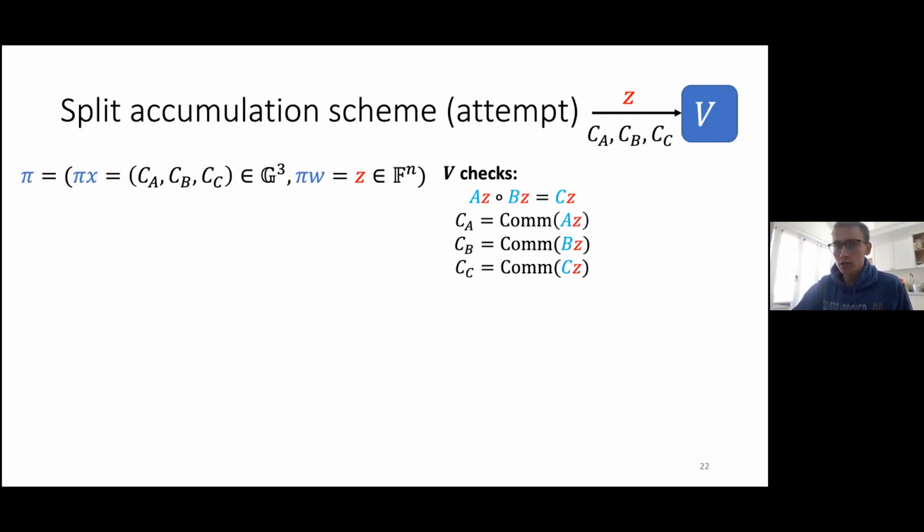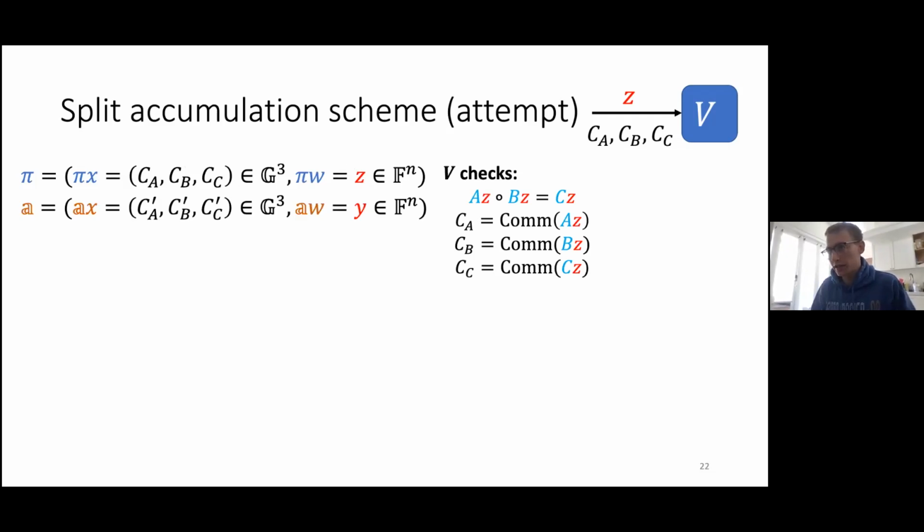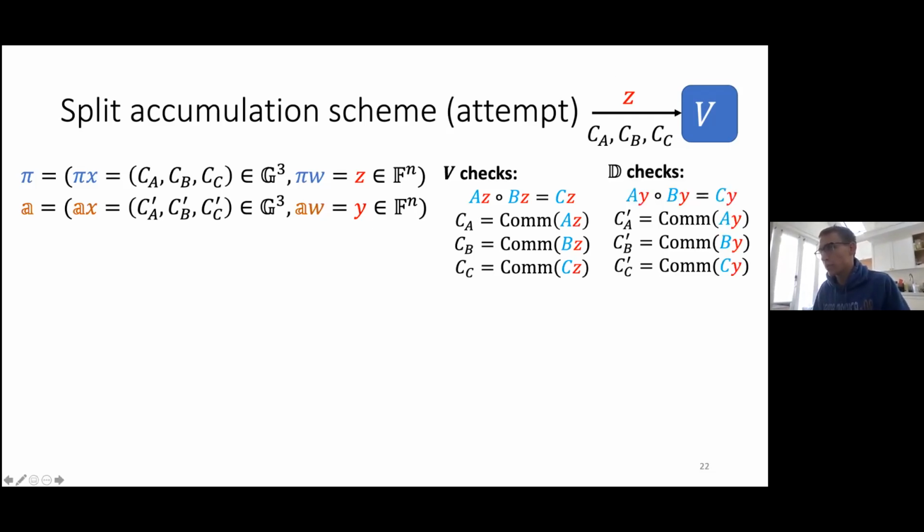Okay, so again, here's the verifier. Our first attempt is to construct an accumulator, and let's assume that the accumulator has the same form as the proof. So again, we can split it into these commitments here, and then an accumulator witness, which we'll call Y. And then the decider will mirror exactly what the accumulation verifier does.